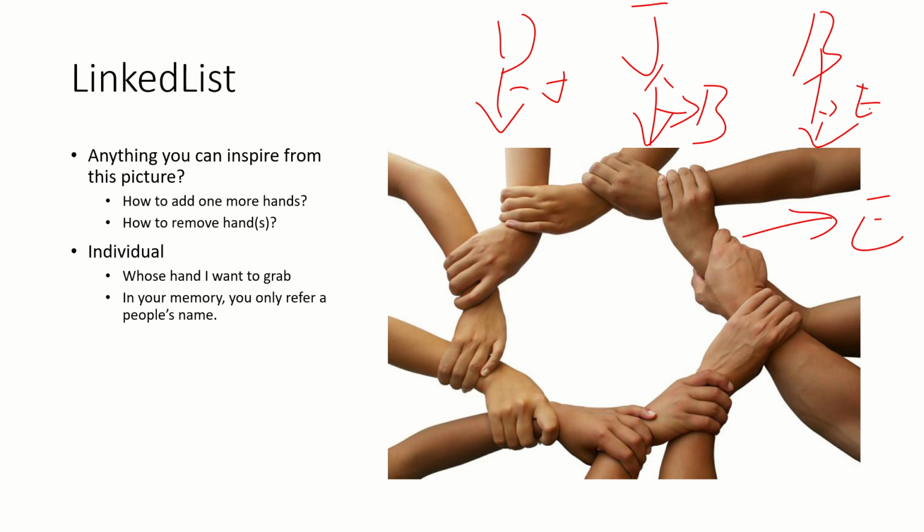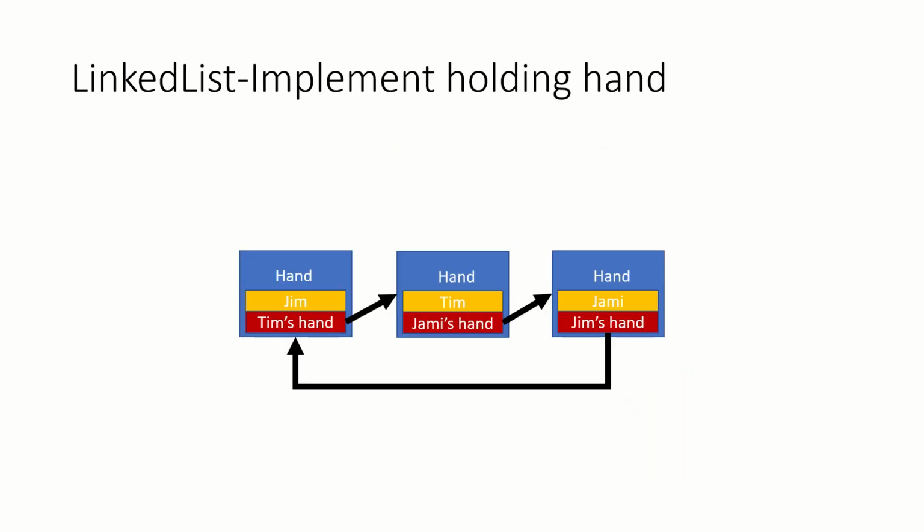right? So each hand, there are only two things they need to know. First, who are you? Second, which hand is next, right? They don't have to know other things. This gave us a picture, something like this.